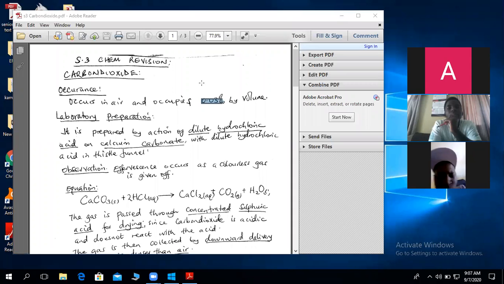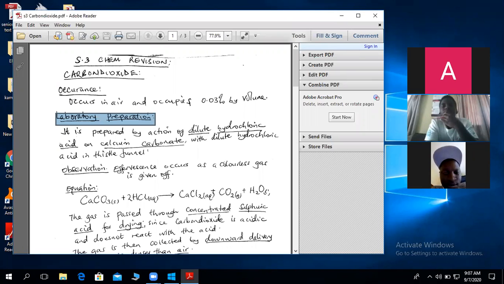Then when we know that, we can now look at its laboratory preparation. I've always told you in class that when a question is asking for laboratory preparation of any gas, you need to know, number one, raw materials or substances from which the gas can be prepared. After knowing raw materials, you need to know a catalyst. There are some gases which are prepared by using a catalyst.